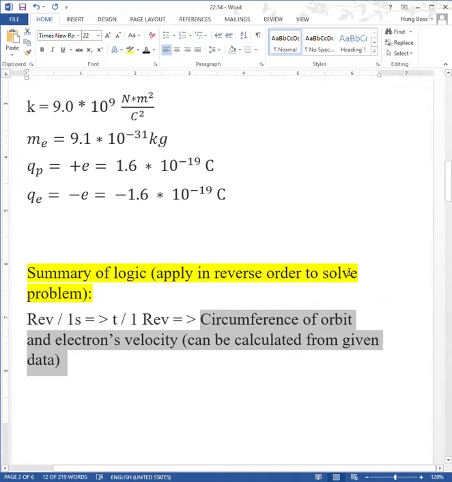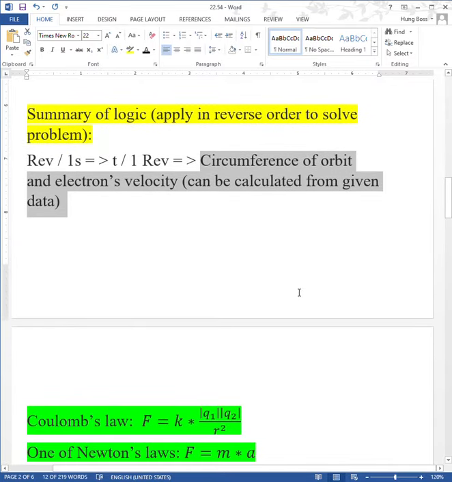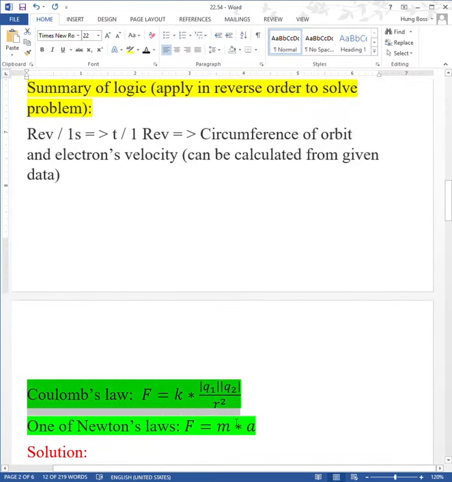And next, there are two formulas that we will use to solve the problem. Here they are. From this formula, we can see that they are both equal to the force of the object.